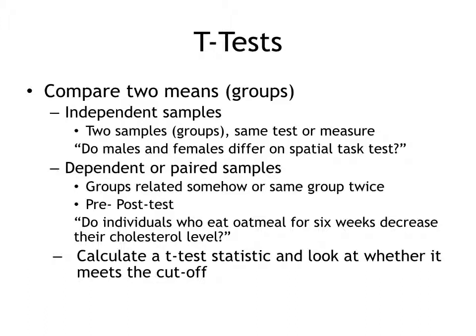So obviously we tested their cholesterol level, they ate the oatmeal, and then we tested it again. So that's a dependent t-test. The group was tested twice. You calculate a t-test statistic and look at whether it meets that cutoff for the critical value. And that's all there is to it. See how easy it is?